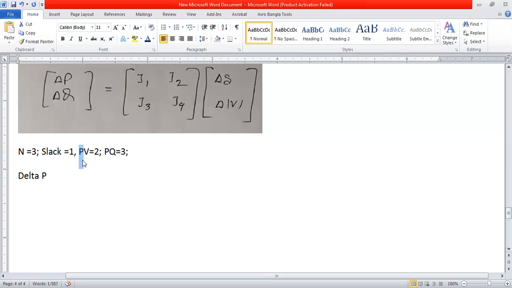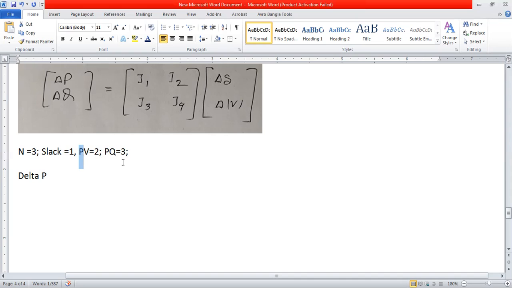And we know the power mismatch equation is scheduled power minus calculated power. So we have to calculate the power of a particular bus, and we have a given power, that is the scheduled value. This value should be given in the question. If this is a PV bus, then P2 we know.